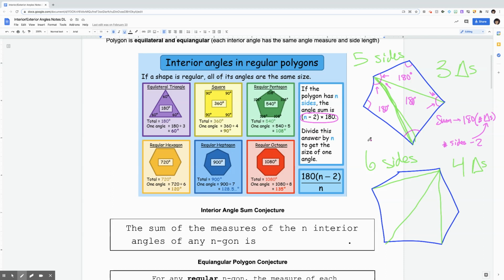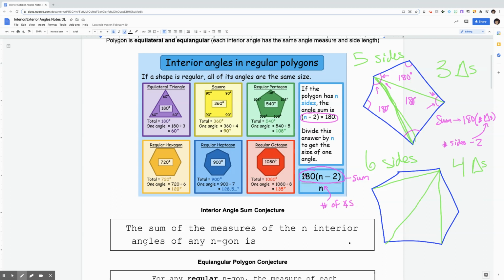Now in a regular polygon, all of the interior angles will be equal to each other. So we can take the sum, which is right here, the sum of all the angles, and divide by the number of angles there are.